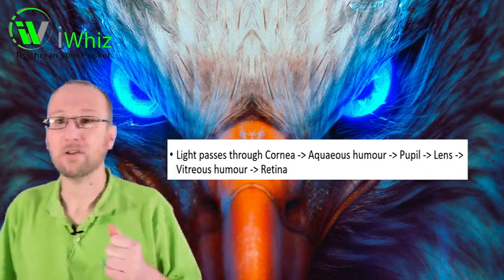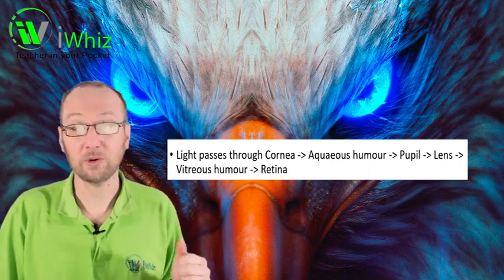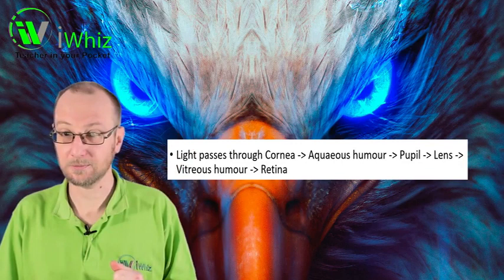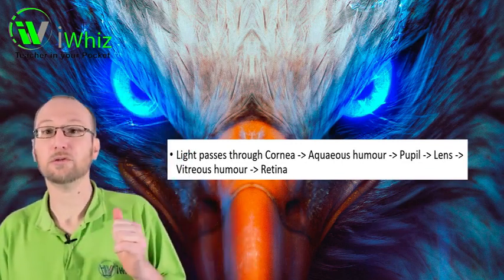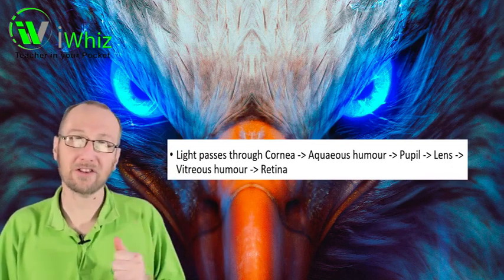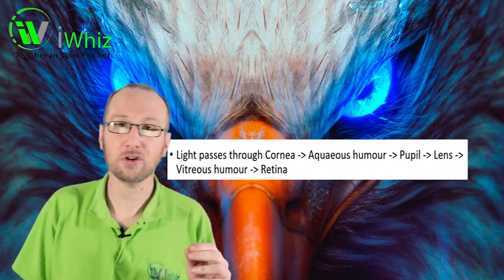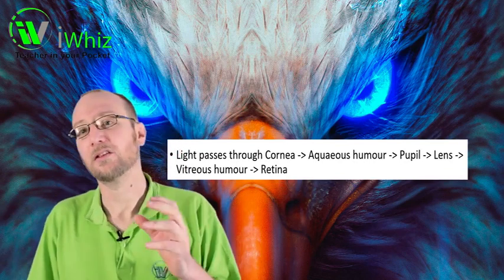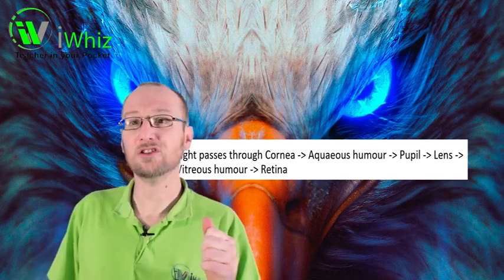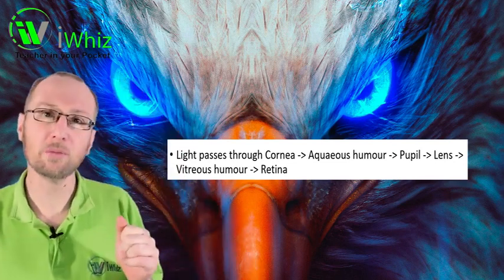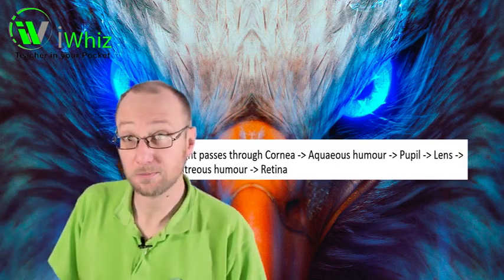The light then travels from the pupil into the lens, where it is refracted. The lens refracts the light so that as the light travels through the vitreous humor, it will reach the retina and form a nice focused image.